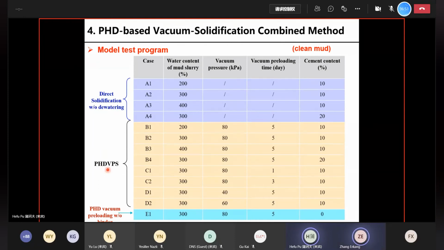In this case, we combine the one on top and the one on the bottom. And we test the different initial water content of the slurry. We test the different magnitude of vacuum pressure and different vacuum preloading duration, and also different cement content. But due to time limit, I'm not going to present all of them.